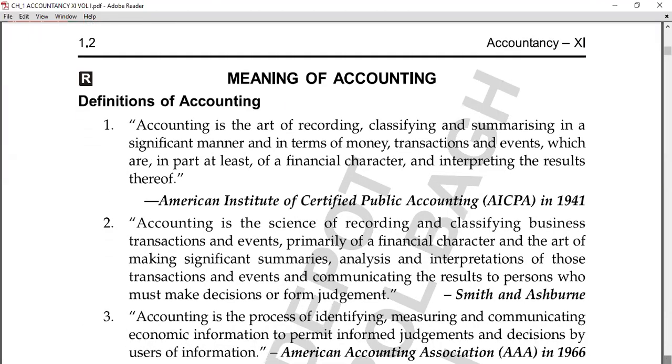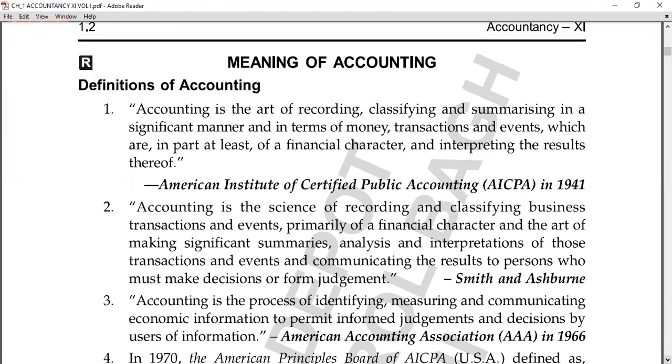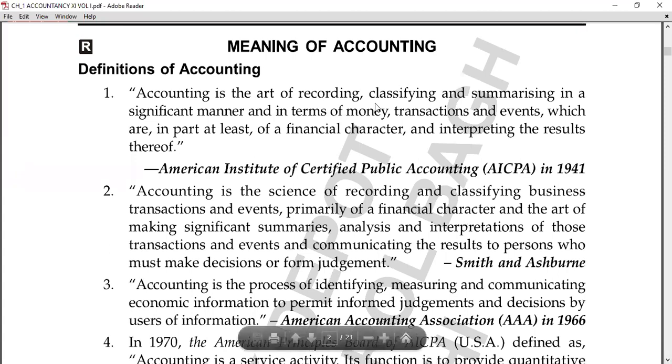Over your screen, you can see one definition. This definition is given by the American Institute of Certified Public Accountants, and this definition was given in the year 1941.